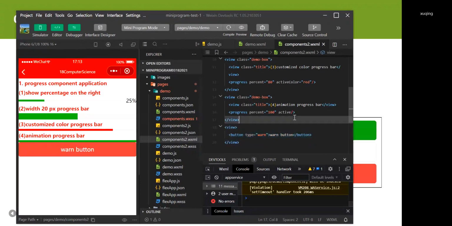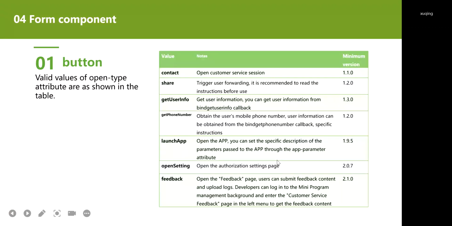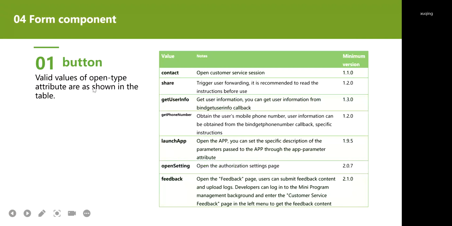You see here we have these 5 different types, and then we have another attribute, open type. We have these valid values. Contact means open customer service session.